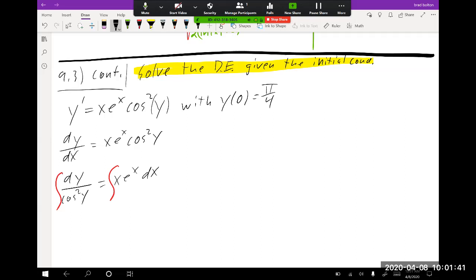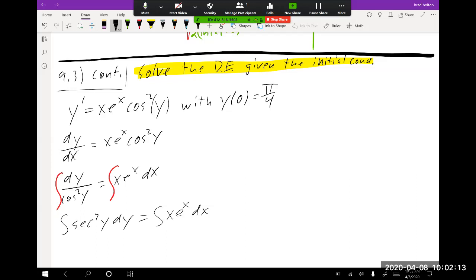Okay, so let's see here. We know that this is actually secant squared y dy, right? That's what cosine squared in the denominator actually is, it is actually secant squared. Now this one is going to be a flashback to chapter 7 when we were doing ultraviolet voodoo, or the mathematical term is integration by parts.